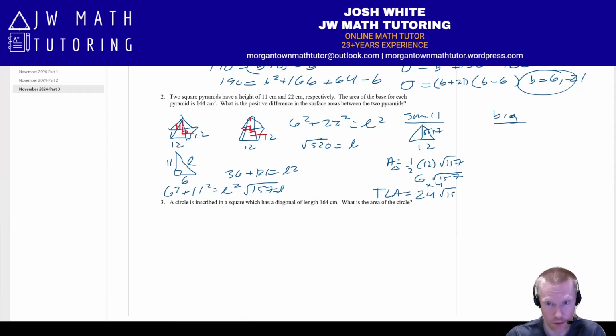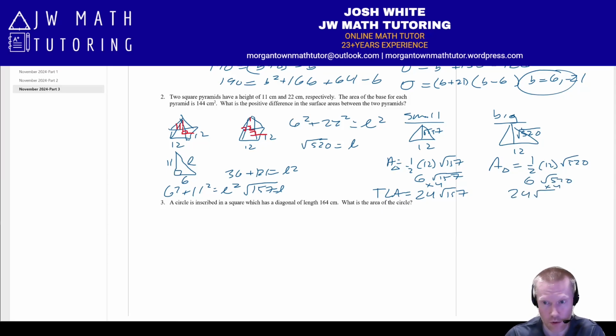So 24 root 157. Then for the big one, again, this is going to be root 520. 520 can be simplified, but I'll just leave it like this for right now. So the area for one triangle, again, 1/2 times 12, which is just 6, and then root 520. 6 root 520, and then you multiply that by 4, so it's going to be 24 root 520.